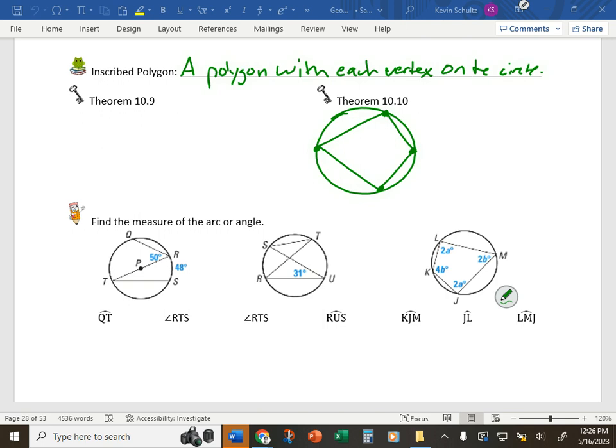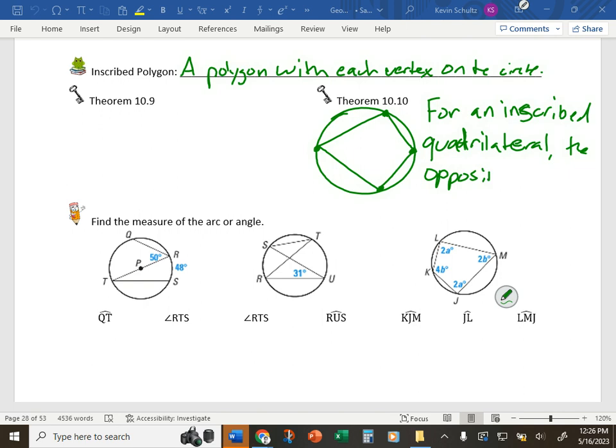But what theorem 10.10 says is that for an inscribed quadrilateral, I spelled it wrong, quadrilateral, the opposite angles are supplementary.